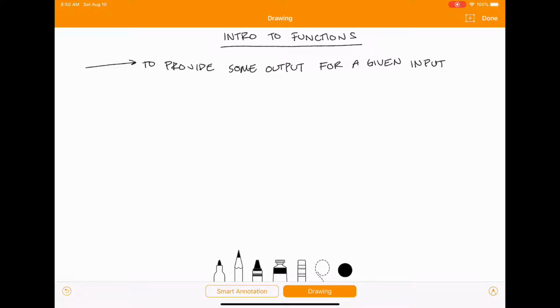All right, so for example, if you put in a 2 and a 5 comes out, put in a 3 and a 7 comes out, and so on, that's a function. So you input a value and you're going to get another value out.